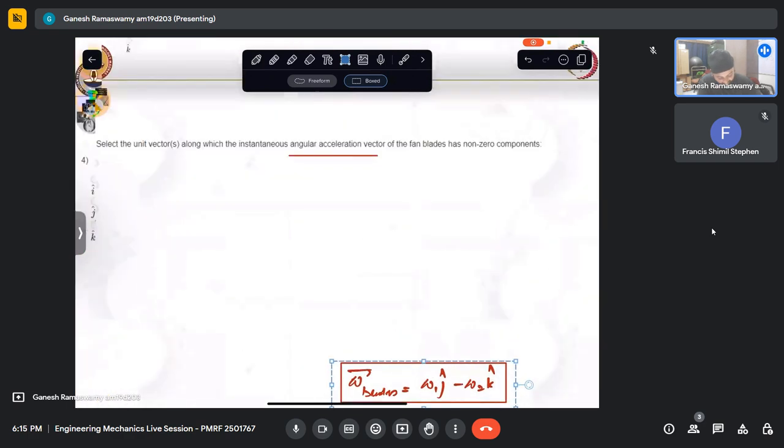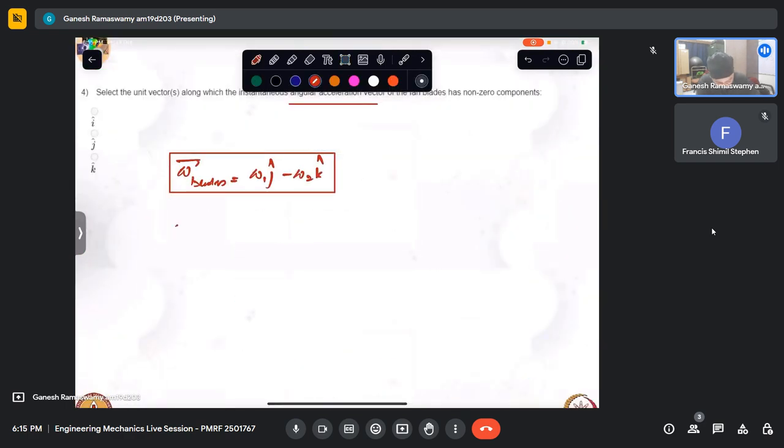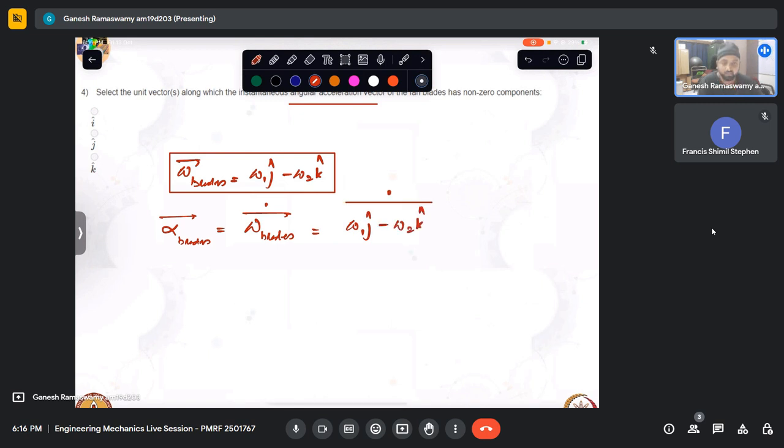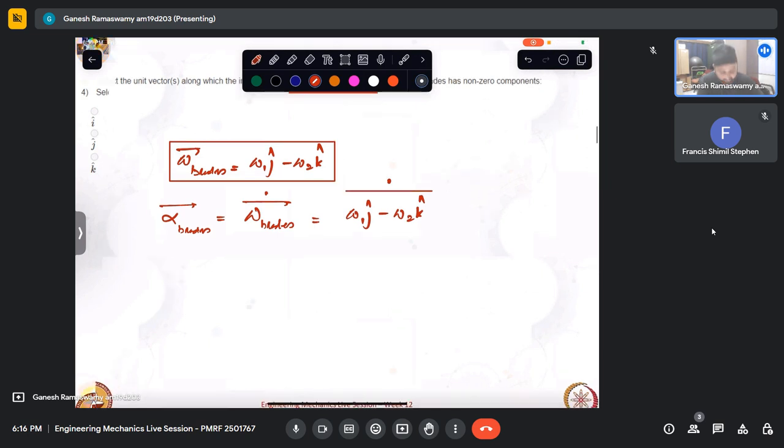So now we have this. Let me take it here. We know that angular acceleration of the blade is nothing but its time derivative, which is nothing but omega 1 j minus omega 2 k. We have to take the time rate of change of this entire quantity. So we can systematically differentiate this.